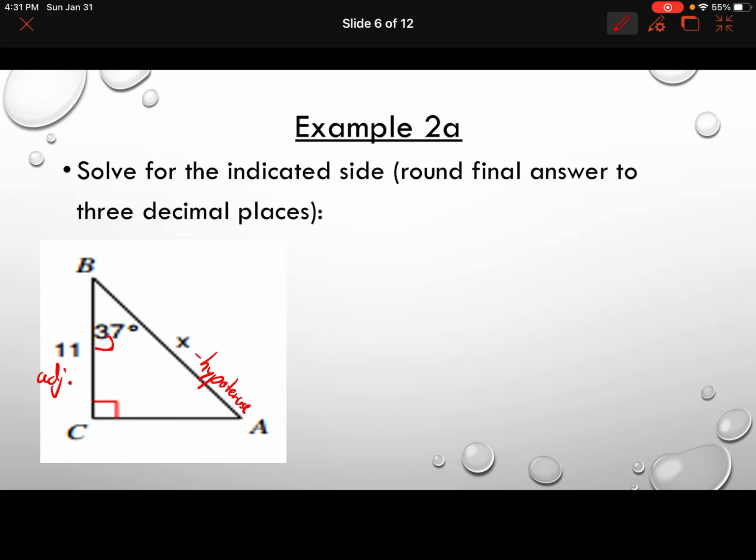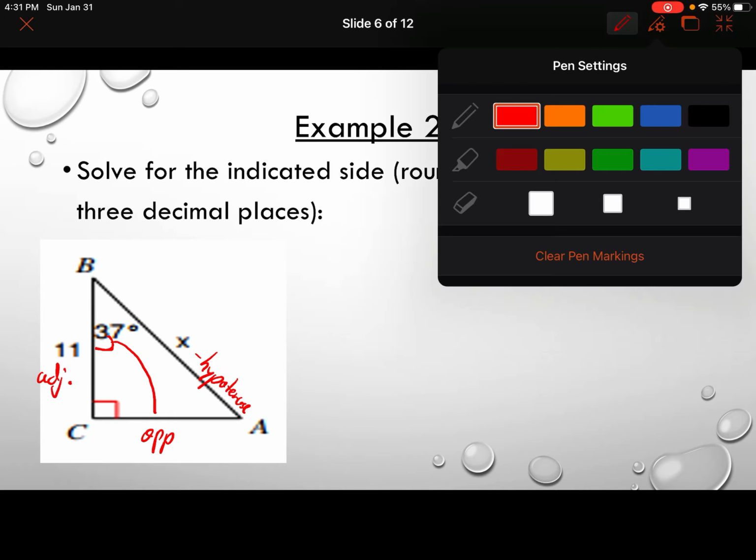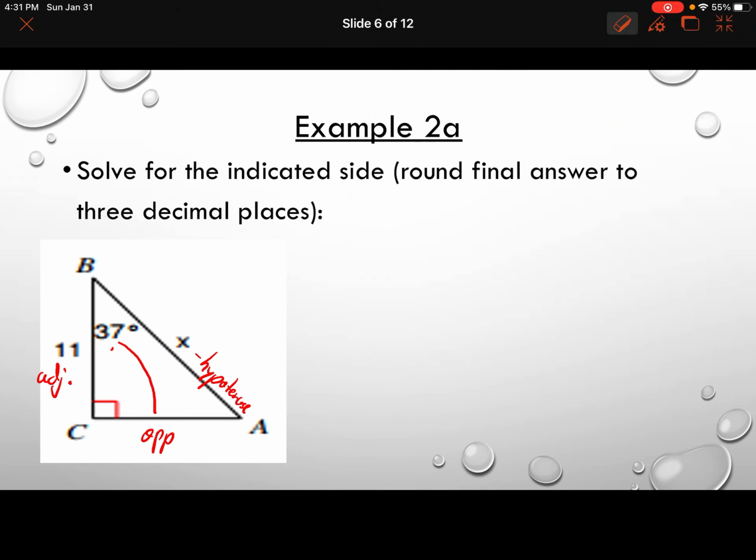And then by process of elimination, this side has to be the opposite, which makes sense because it is on the other side of the angle. Hypotenuse, adjacent, opposite.